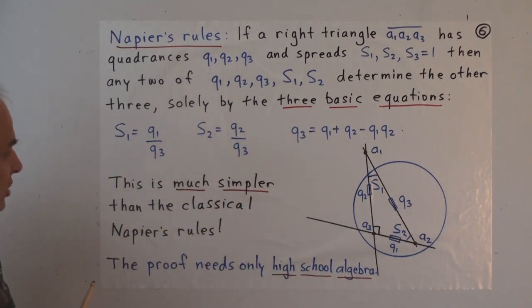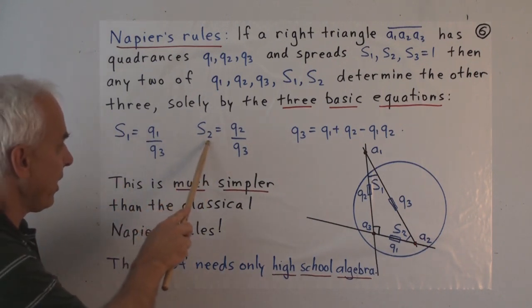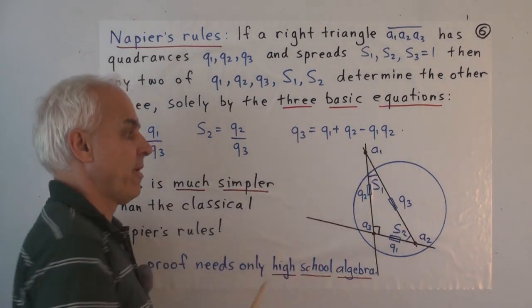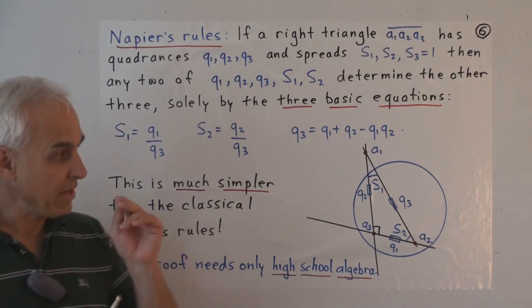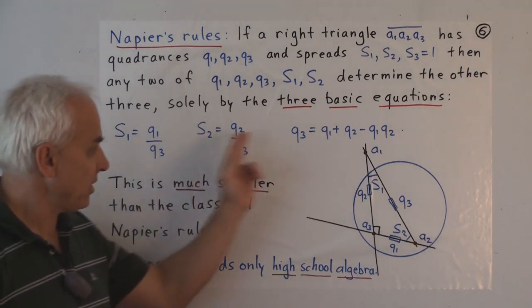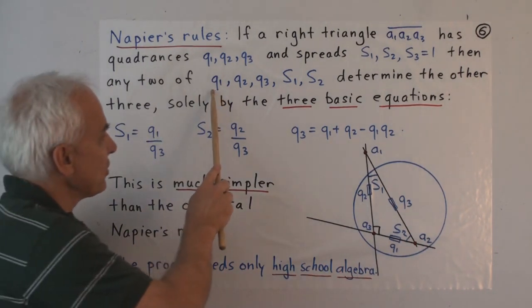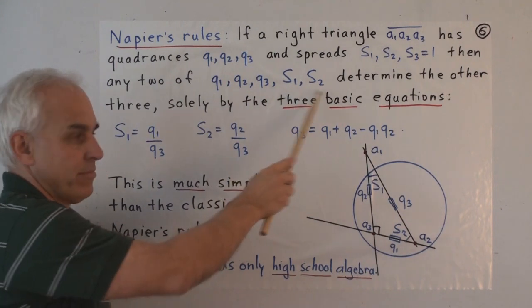And these 3 basic equations are the Thales rules for the spread S1 and the spread S2, and Pythagoras' theorem, the relation between the 3 quadrances. So the claim is that just using these 3 equations, you can solve for all 5 of these if you're given any 2 of them.